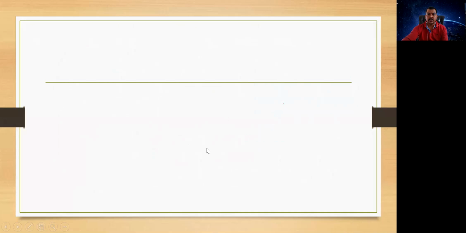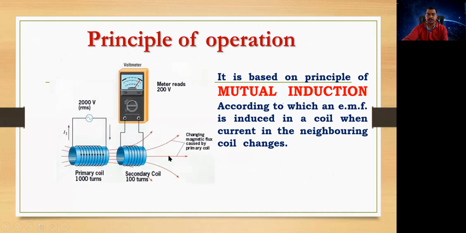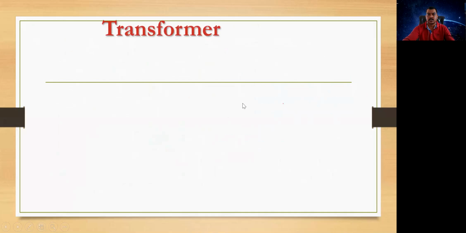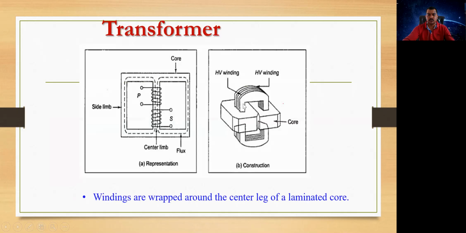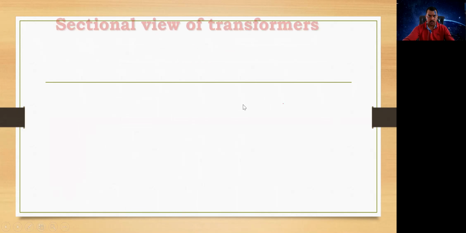Remember, this is the principle of operation of mutual induction. Whenever AC current is passed through the primary coil, the EMF is induced in the secondary, the neighboring coil, and that is called mutual induction. These are some examples of transformers. These are some of the core types.